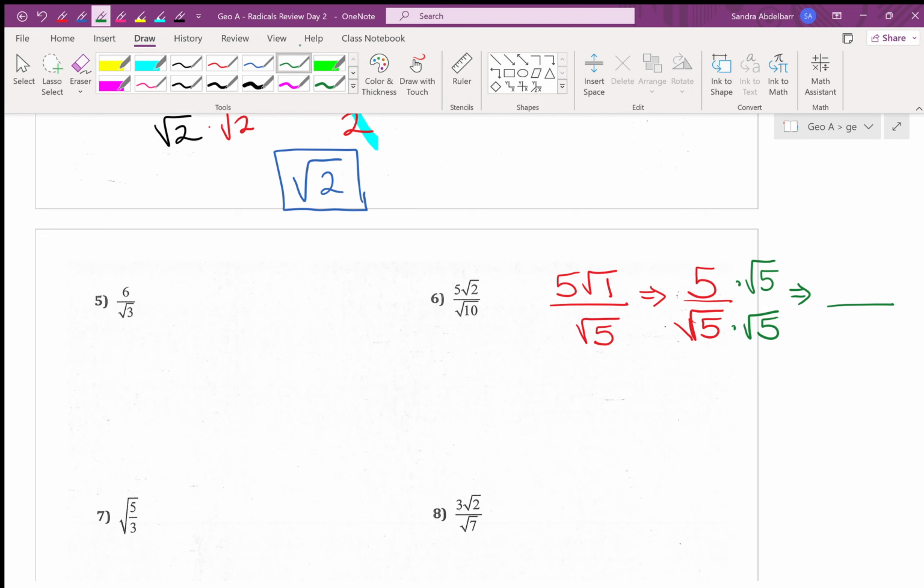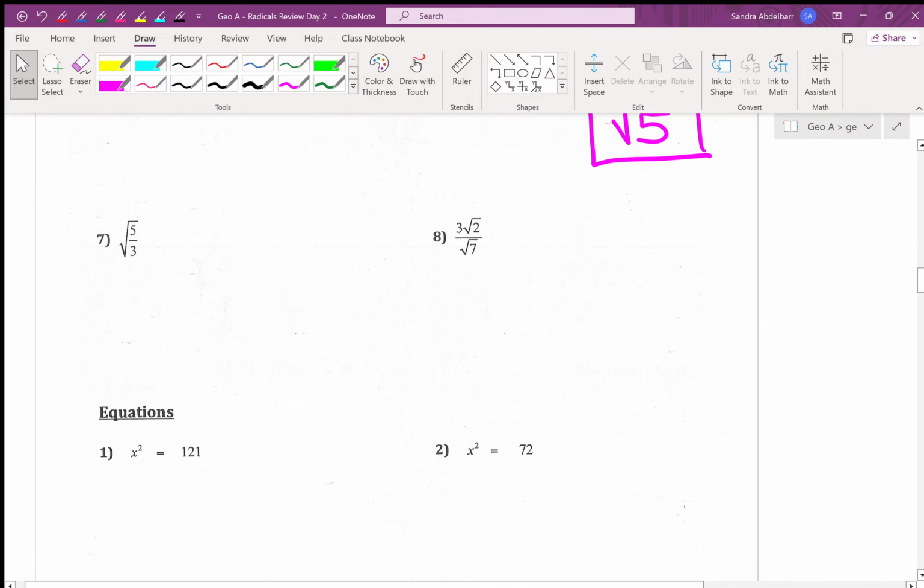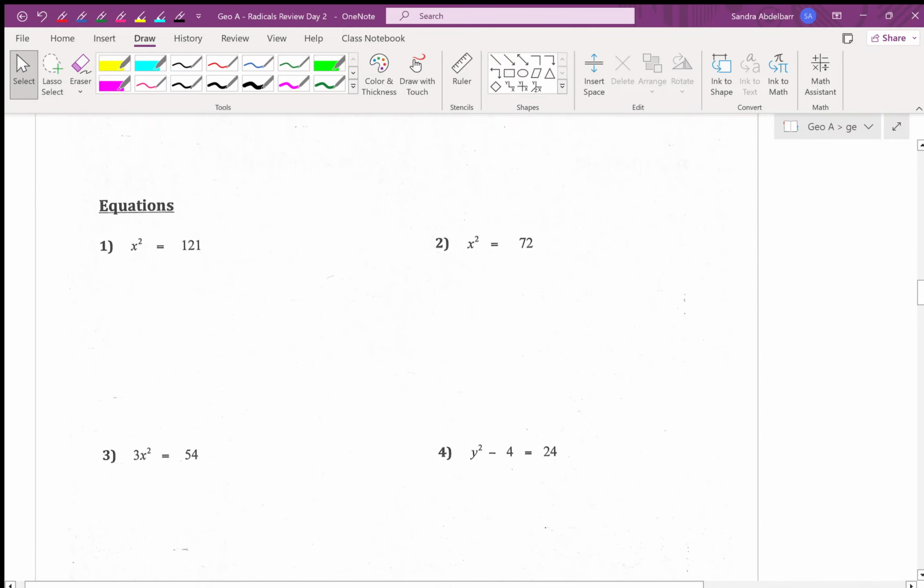Top is 5 root 5, and then the bottom is just 5. Good. One last thing we can do. Simplify the 5s. Good. They cancel out. So we just end up with root 5. Are we all good with this? Yeah? Okay, great. Let's go on to equations now.